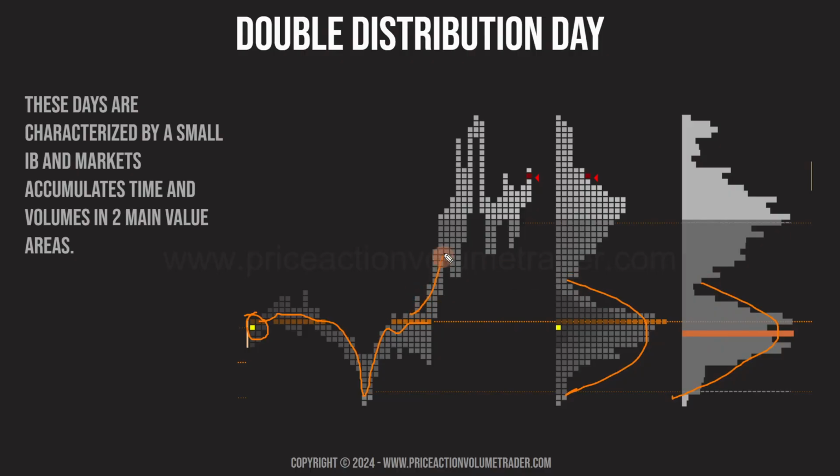Then we had a breakout here, and we ended up on this top area for the day here. So we do have this low volume node area and low time area here in between the two distributions for the day.